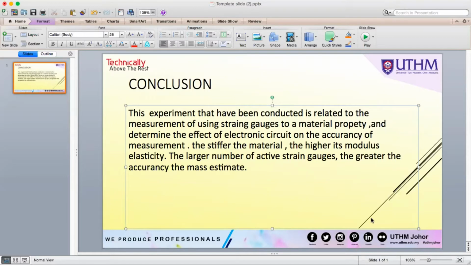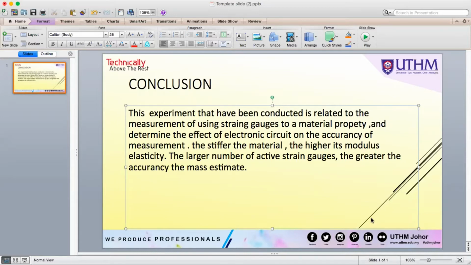Today, I would like to present the conclusion for our group lab report. The experiment that has been conducted is related to the measurement of material properties using strain gauges and determining the effect of electronic circuits on the accuracy of measurement.